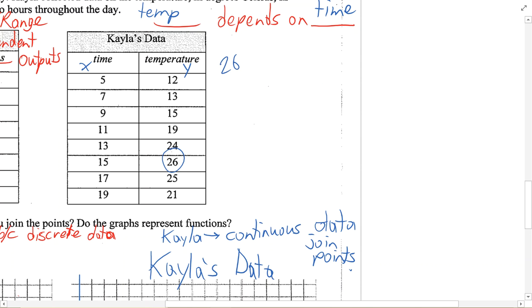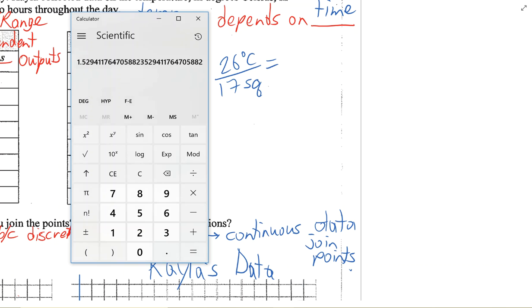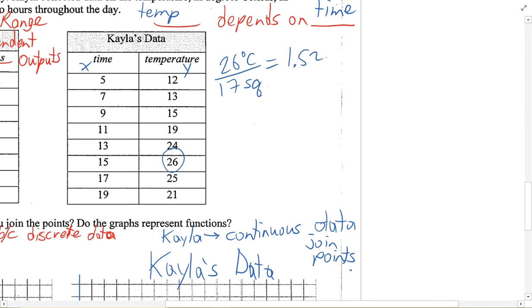So it'll be 26 degrees Celsius for 17 squares. I go to my calculator to figure out what that number would be. 26 divided by 17 and get 1.52. Again, round to a good number. So I will use, again, 2 degrees Celsius per each square.